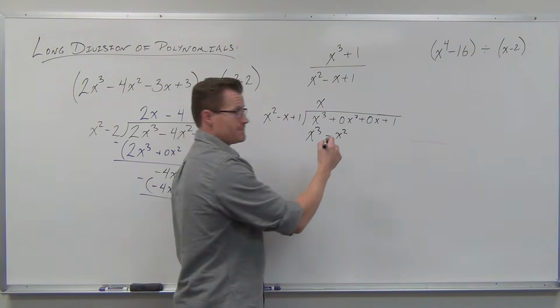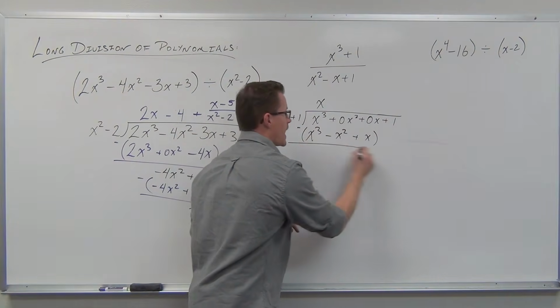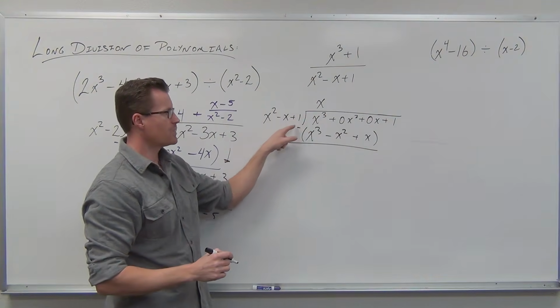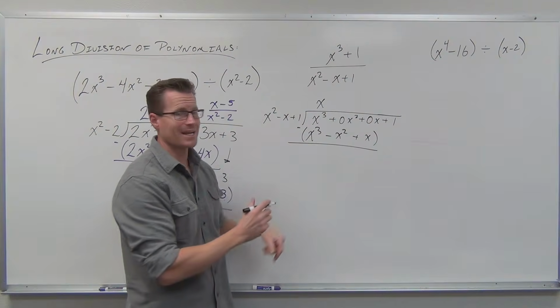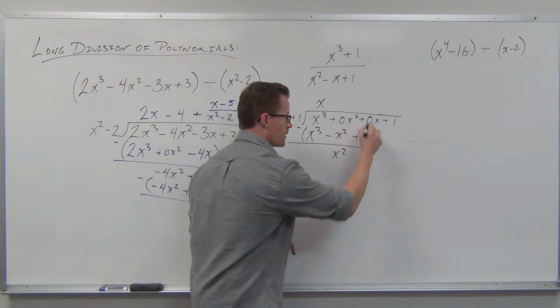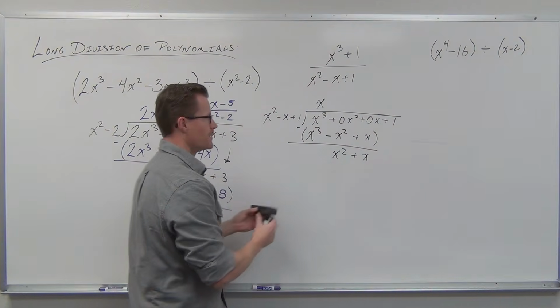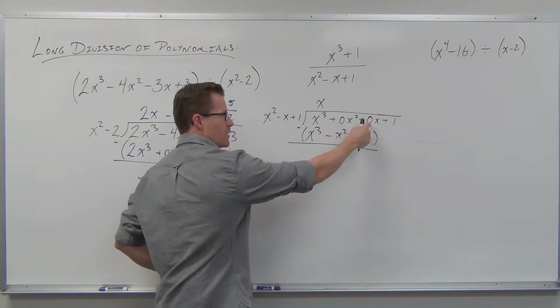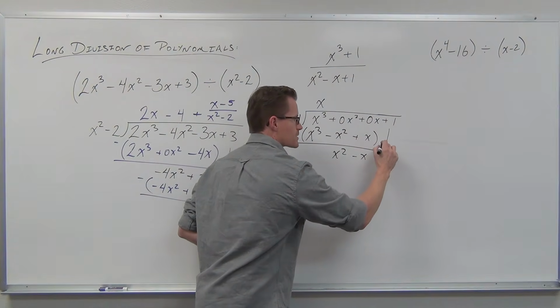X times 1 is x. And when we subtract, well, x cubed minus x cubed is 0. That's awesome. 0x squared minus a negative, you're adding. That's 1x squared plus x. Oh, I'm sorry. Almost made a mistake, didn't I? 0x minus x is negative x. And bring down that last term.